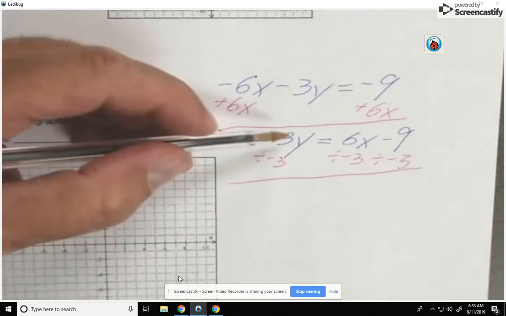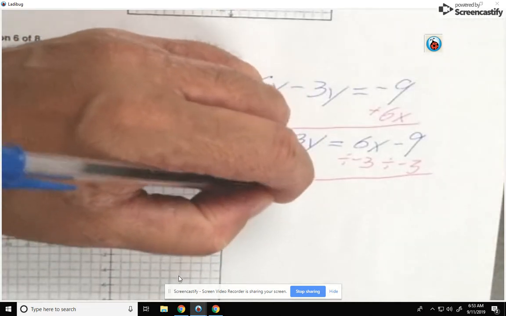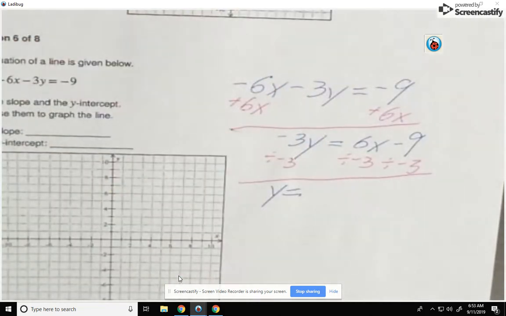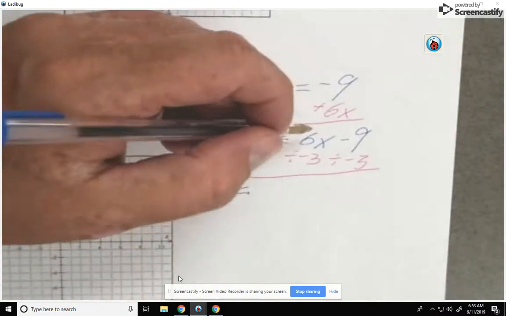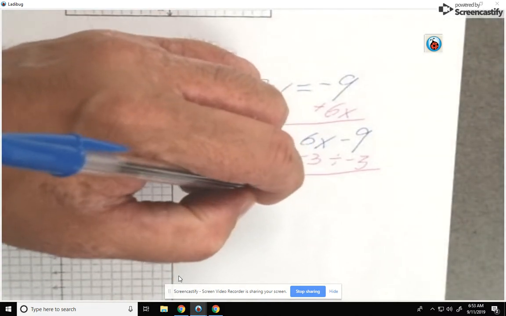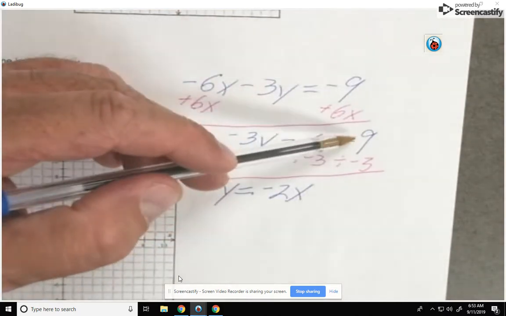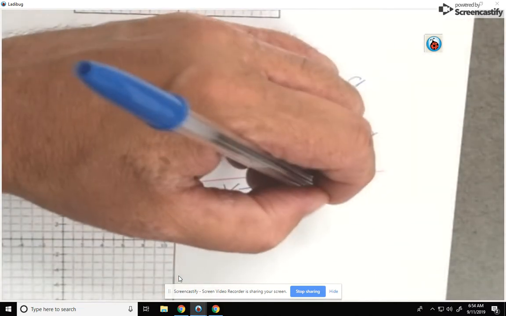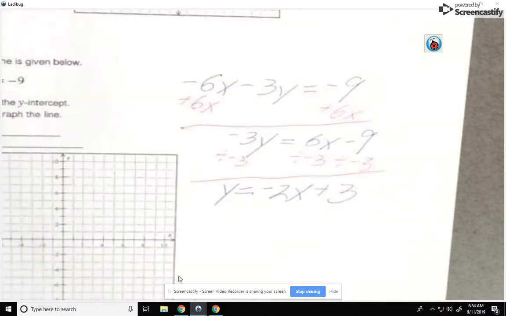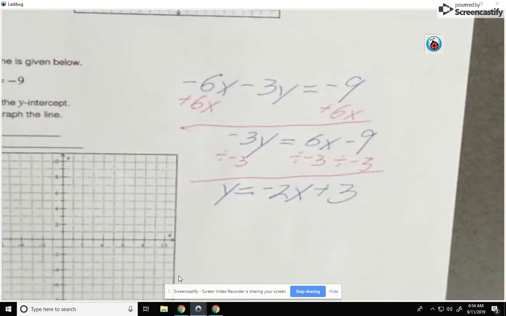So on our left side, negative 3 divided by negative 3 is 1, so we get y. 6 divided by negative 3 is negative 2, so negative 2x. Negative 9 divided by negative 3 is positive 3. So now we've got our equation.